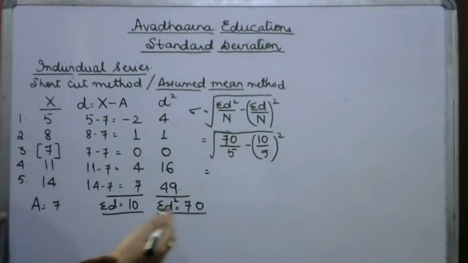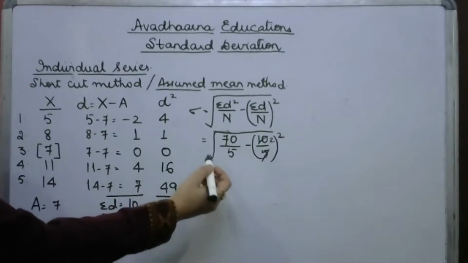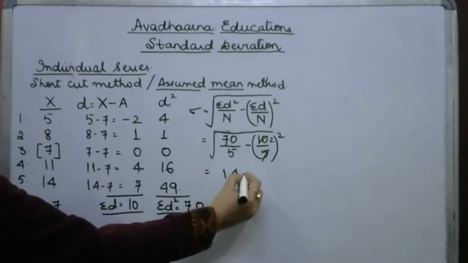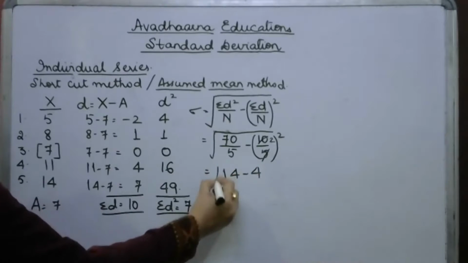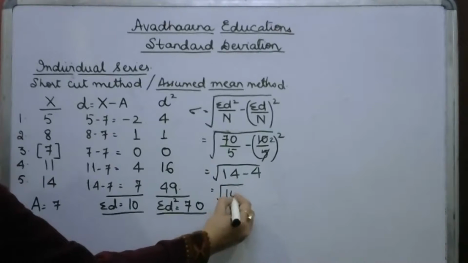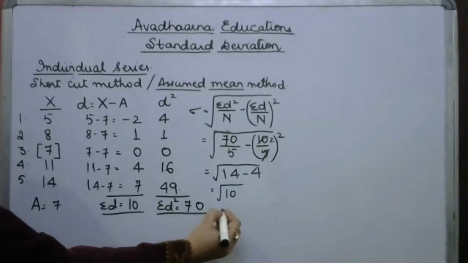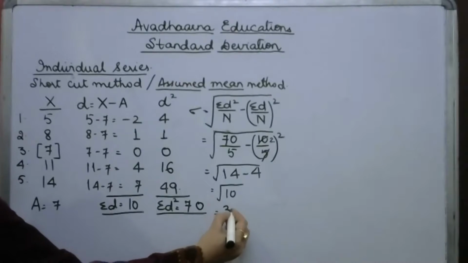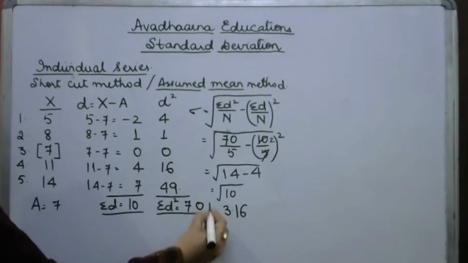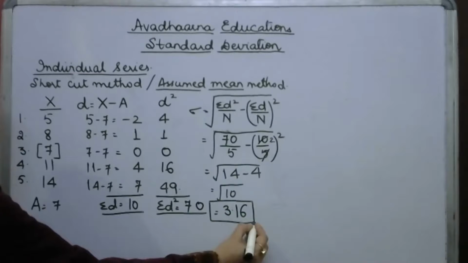Now if I solve it, this is 2, 2 square is 4, and 70 divided by 5 is 14. So 14 minus 4 under root, which is equal to under root of 10. So the standard deviation of this series is under root of 10, which is 3.16.